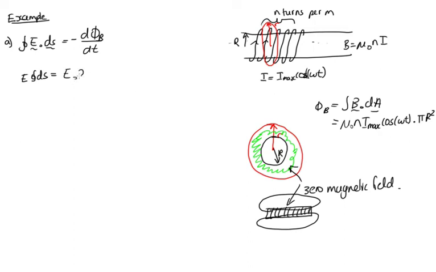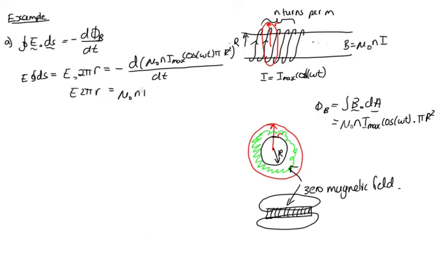So E times 2πr is equal to minus d/dt of Φ_B, which we've calculated here, μ₀n I_max cos ωt πR², dt.